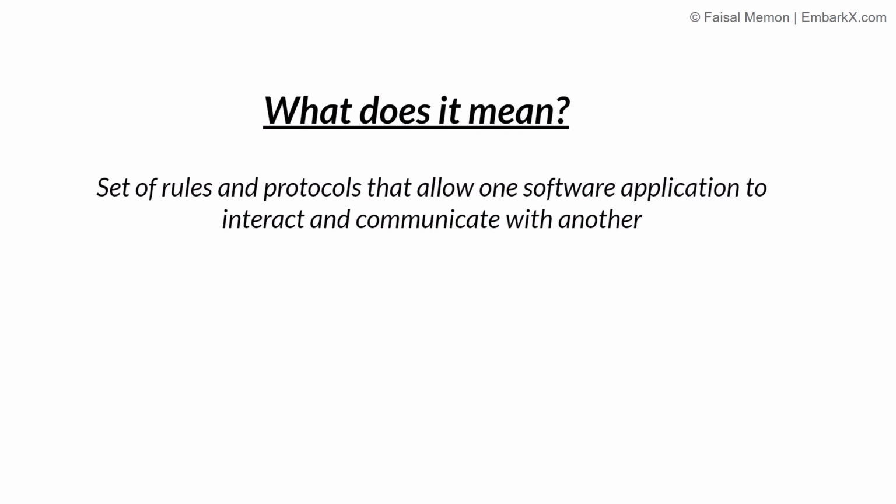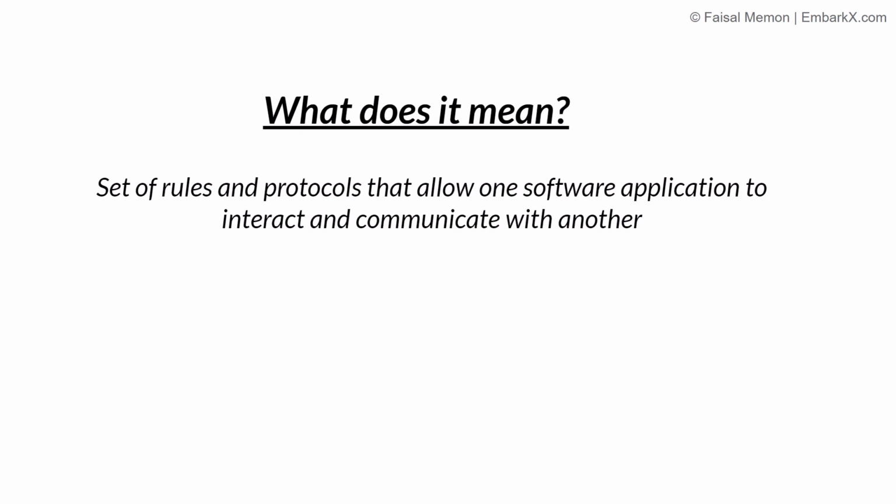So, APIs are nothing but a set of rules or protocols, you can say, that allow one software application to interact with another. So, with the help of these rules and protocols, two software applications or two software systems can communicate with each other.